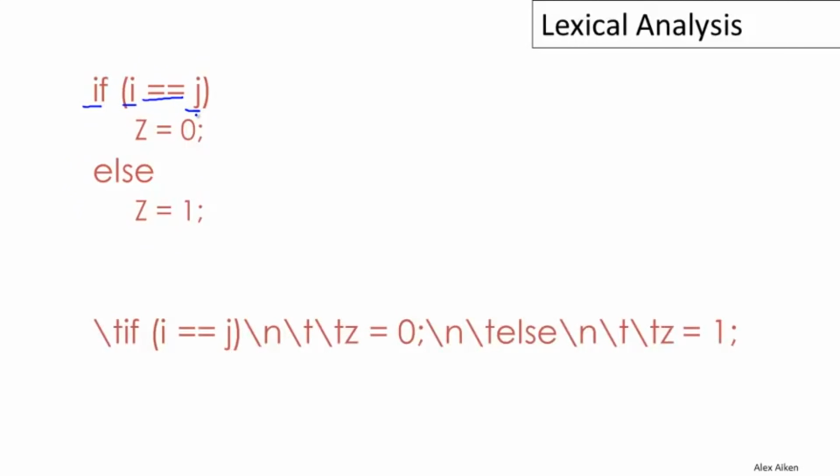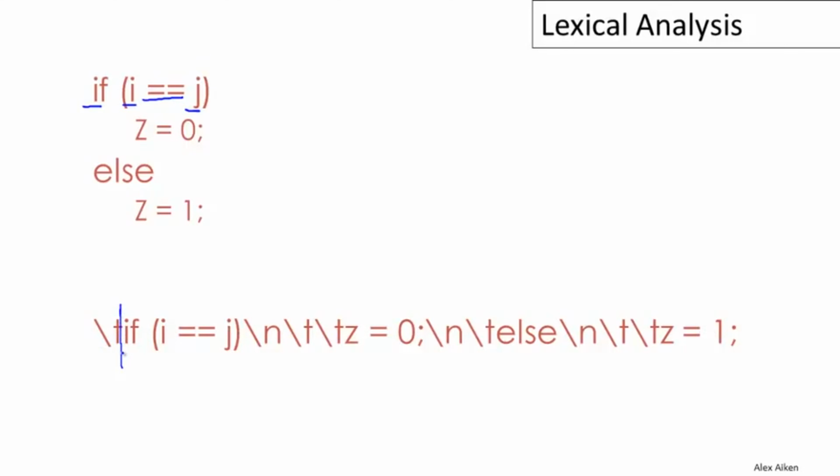In fact, what the lexical analyzer will see is something that looks more like this. So here I've written the code out just as a string with all the white space symbols included. And it's from this representation, just as a linear string, you can think of this as bytes in a file, that the lexical analyzer has to work. And it's going to march through placing dividers between the different units.